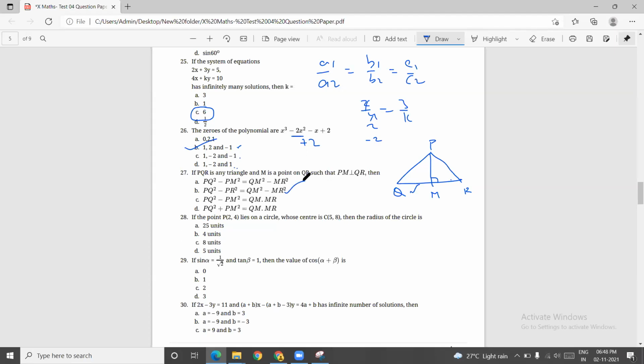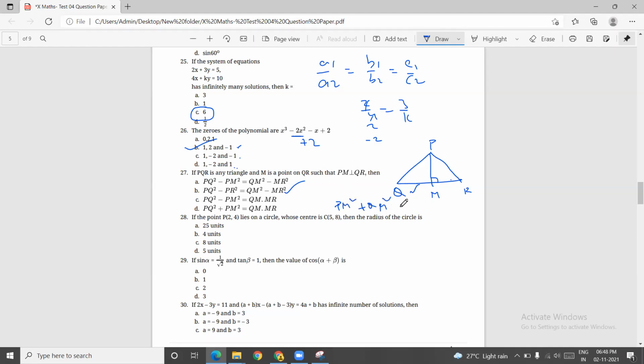This is the option. PQ square minus PM square is equal to QM square, and PR square minus PM square is equal to MR square. You will get both the cases. So PQ square can be written as PM square plus QM square.